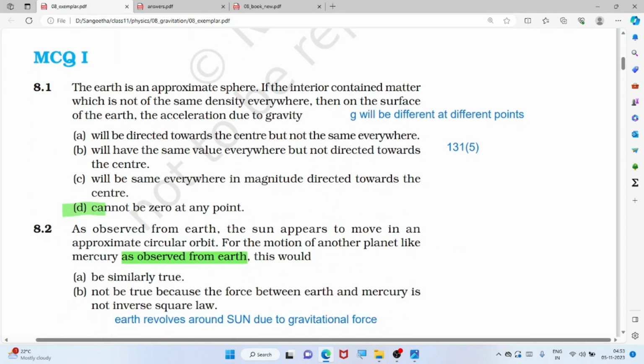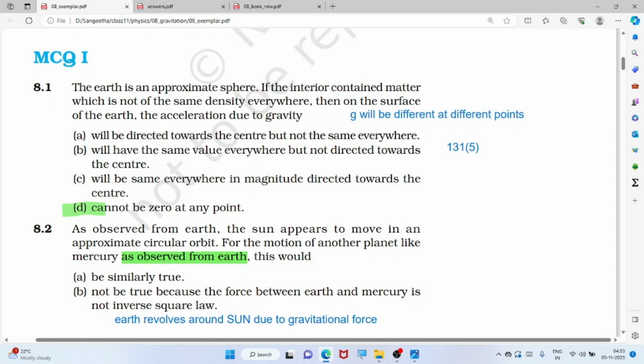Earth is an approximate sphere. If the interior contains matter which is not of the same density everywhere, that is important, then on the surface of the earth the acceleration due to gravity g will be different at different points. It cannot be zero at any point, and it will be directed towards the center but not the same everywhere.